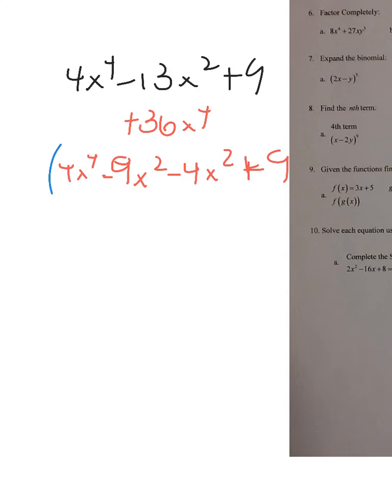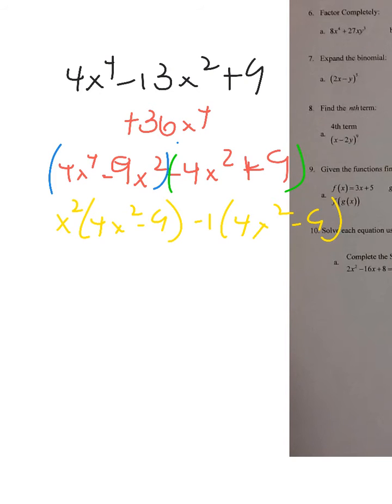And now we factor by grouping. So in the blue group, the GCF is x squared. And then I get 4x squared minus 9. The GCF of the second group is negative 1 times 4x squared minus 9.